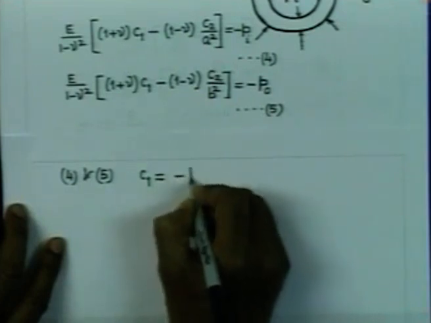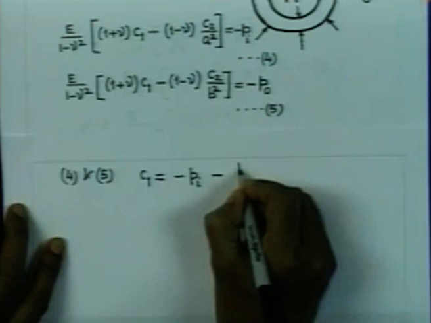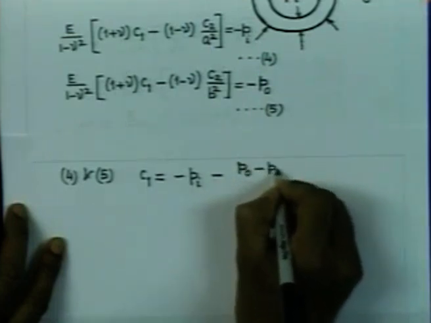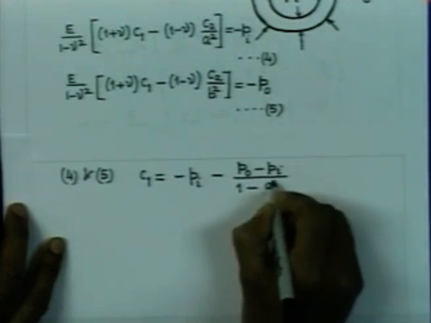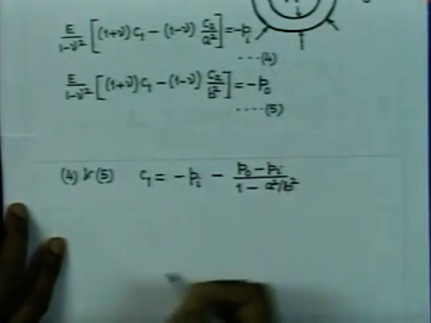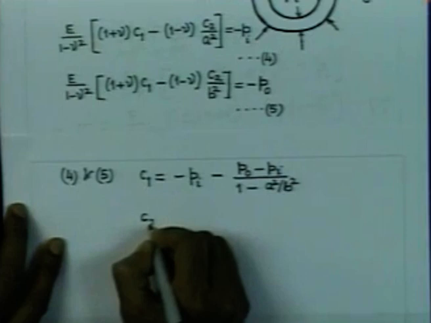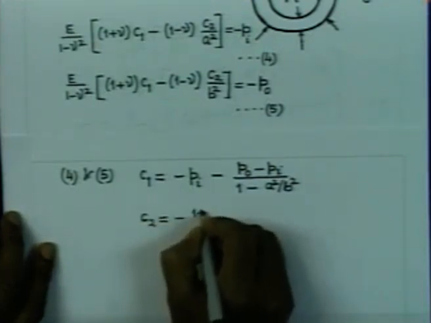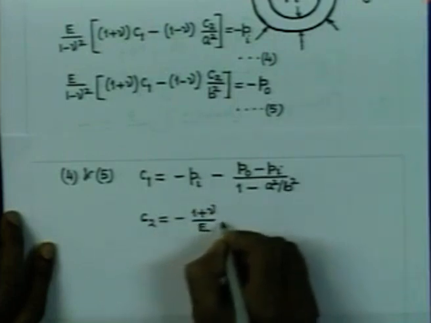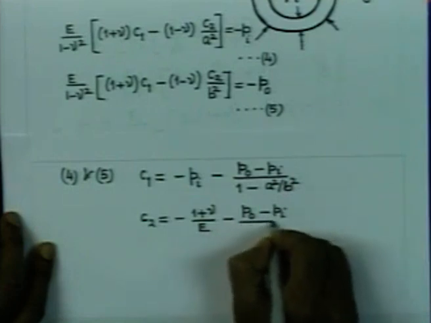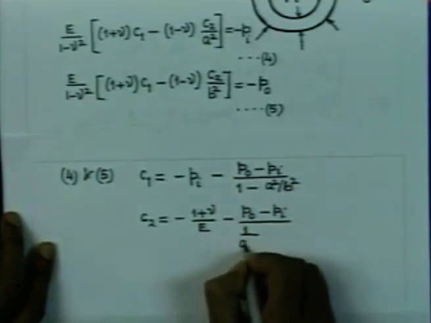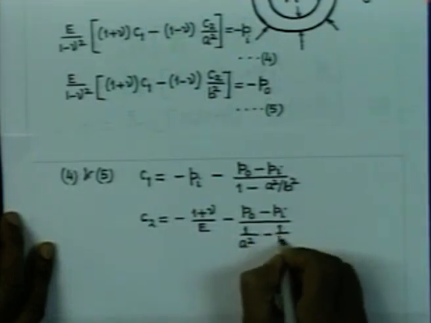From 4 and 5 we have C1 is equal to minus (Po minus Pi) by (1 minus A square by B square), and constant C2 is equal to minus (1 plus nu) by E times (Po minus Pi) times (1 by A square minus 1 by B square).